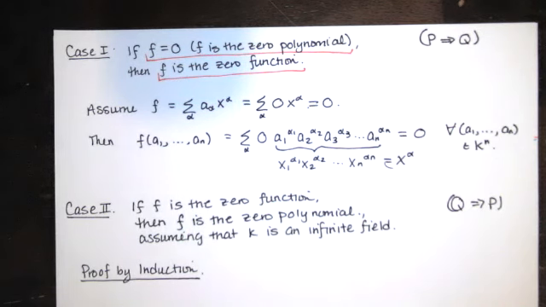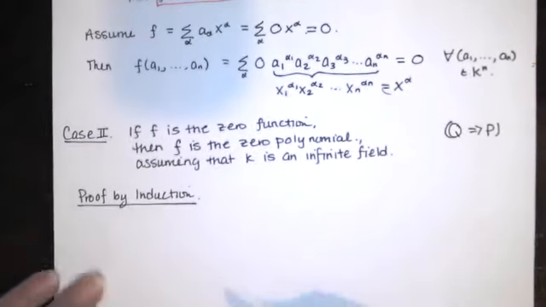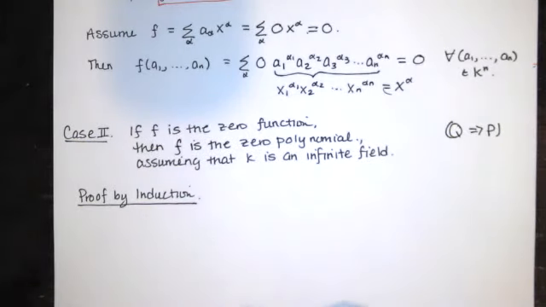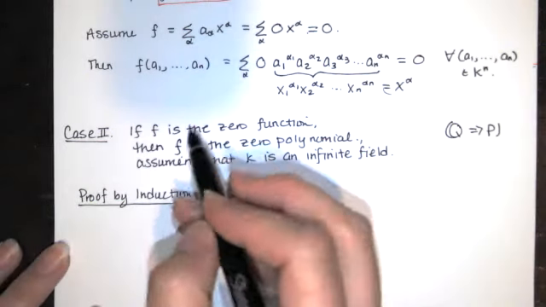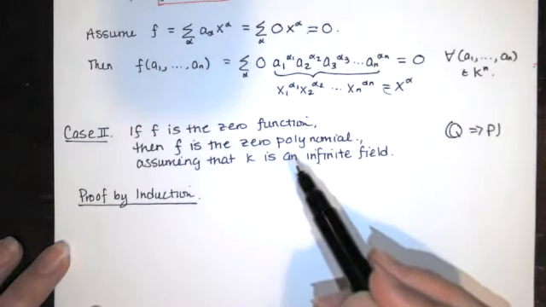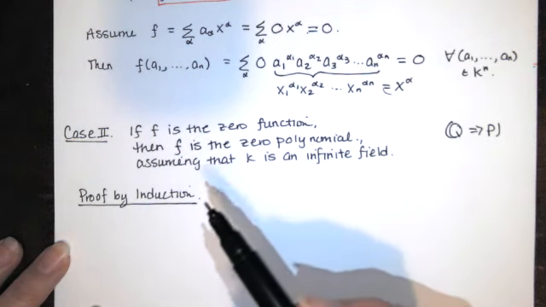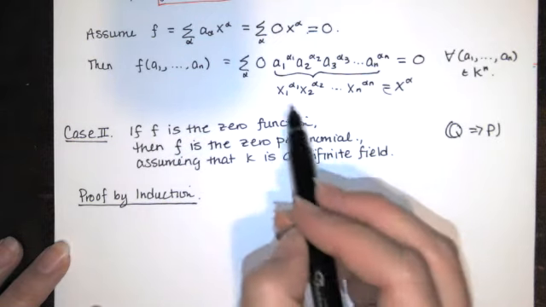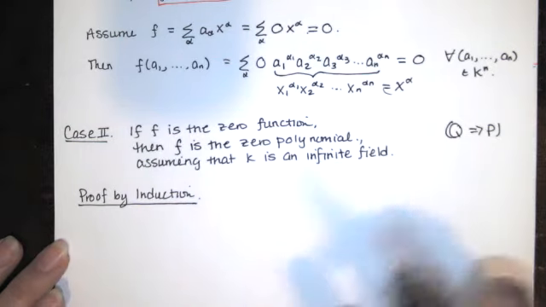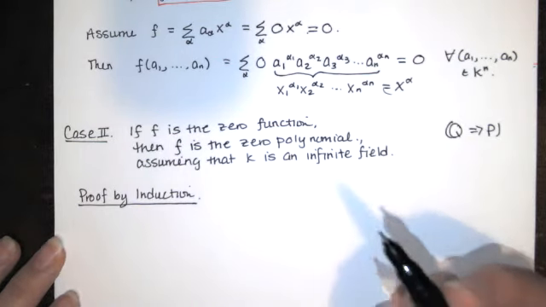And now we're going to do something called proof by induction. Basically, the way proof by induction works is you start by showing that something is true for n equals 1. So we want to show that this is true when we are not dealing with x sub 1 through x sub n, but we're just dealing with x, functions of a single variable.